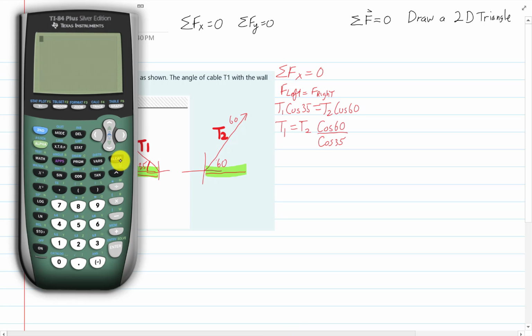The cos of 60 divided by the cos of 35. So T1 is equal to T2 times, in brackets, 0.610387, whatever, way too many numbers. That's just how T1 and T2 relate to each other.